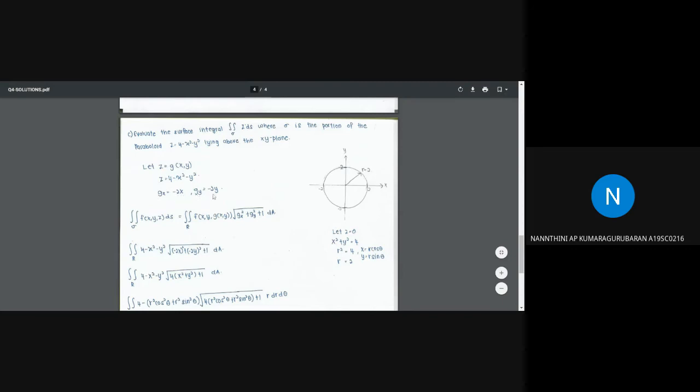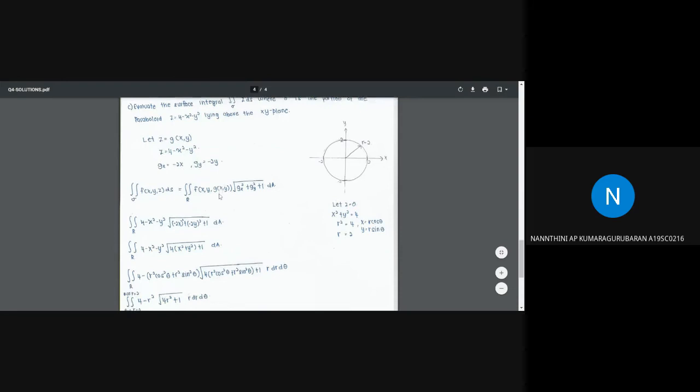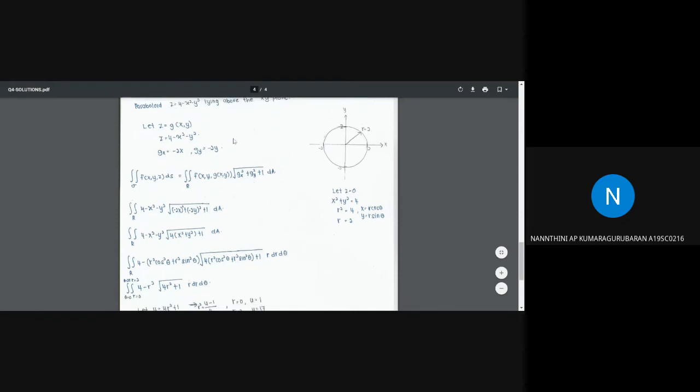We get negative 2y. And then the formula for this equation is the double integration over the region of f(x, y) g(x, y) times the square root of the partial derivative with respect to x squared plus the partial derivative with respect to y squared plus 1 dA. And then we just substitute the equations in this formula.